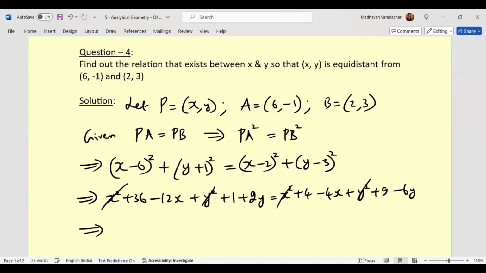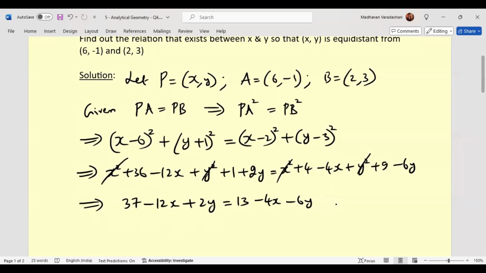So this is 36 plus 1, it becomes 37 in the left hand side, minus 12x plus 2y should be equal to 4 plus 9 is 13 minus 4x minus 6y. So let us take this negative 12x to that side and bring this 13 this side.